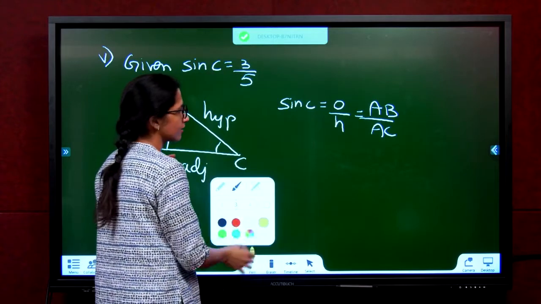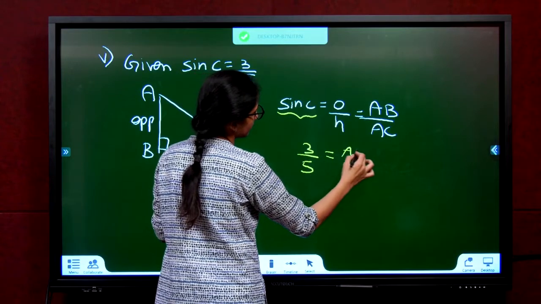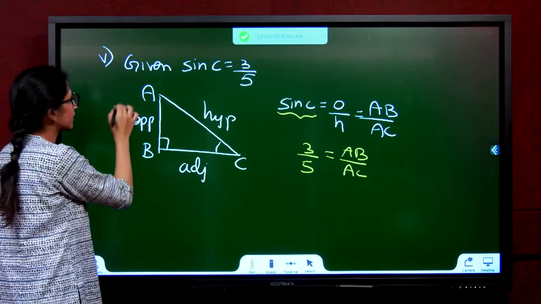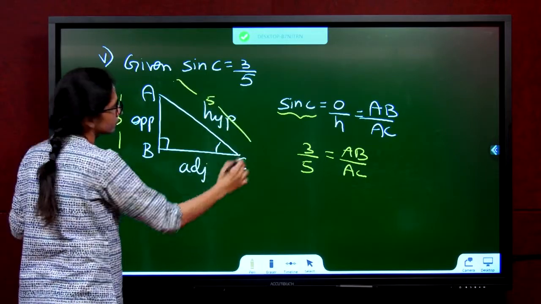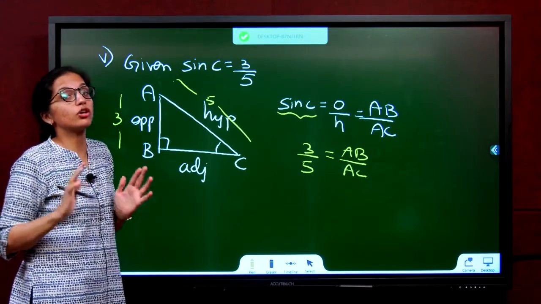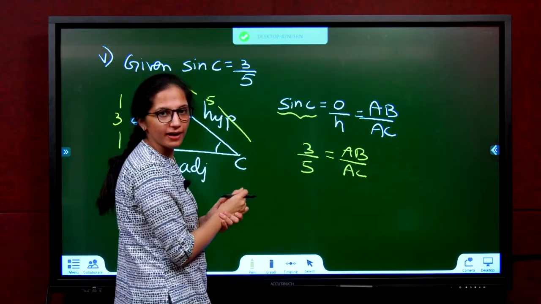They have given sine C is 3 by 5. So 3 by 5 is equal to AB by AC. Can I say AB is 3 and AC is 5? No. It can be, but we don't know if it is. Why? Because the ratio is 3 by 5.